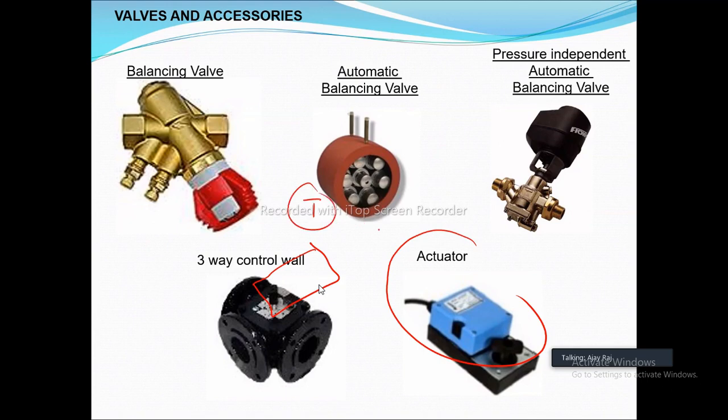That thermostat gives a signal to this, and this will rotate accordingly. So this can open or close. This is a three-way control valve. Water is coming this way. If this gets a signal, this will rotate slightly, and then some water will come out of this, some water will come out of this. Yes or no? Yes, sir.